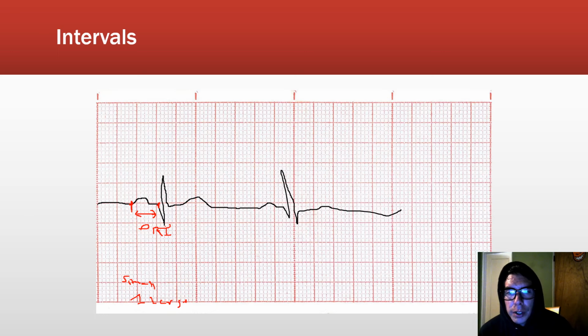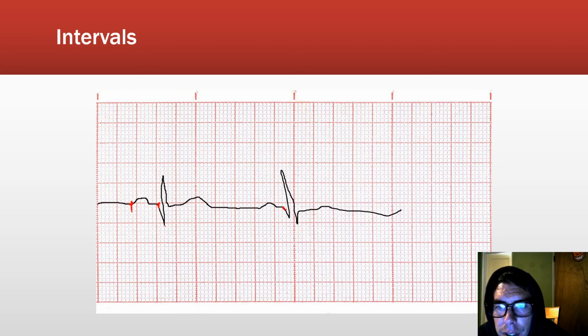Then we have our QRS complex, which we measure from the beginning of the complex, whether it be a Q wave or just an R wave or whatever. So we measure it from here. Then after the QRS complex, there will be a point where it comes back to baseline, and once it does, you'll see it go from a vertical position to start to slant to the side, and the line will usually be a little bit thicker right there, and that is called our J point.